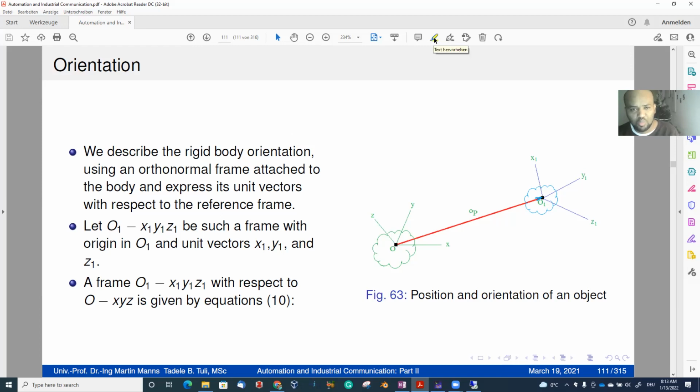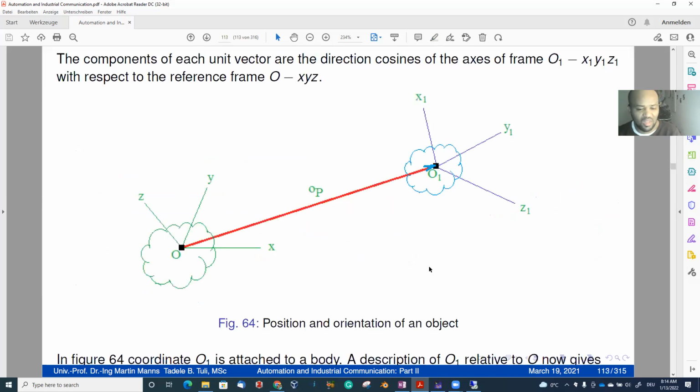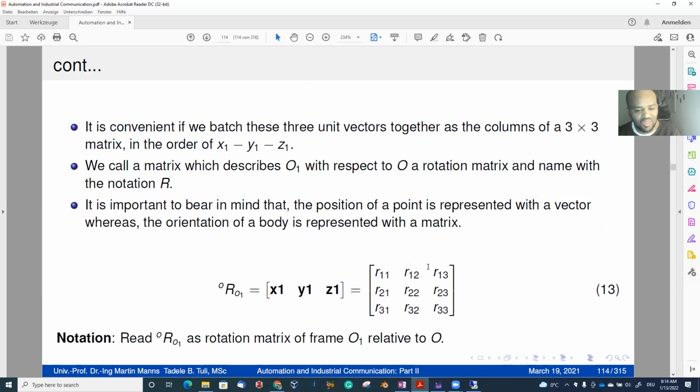This distance could be measured as P, which is the difference between O1 and O. And this could be represented by some notations like this. It is a simple representation.